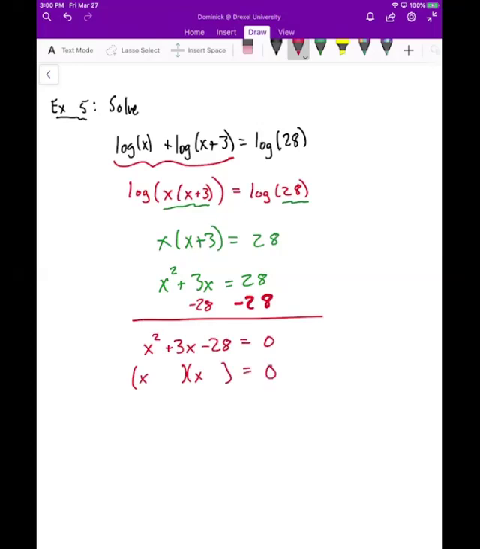So we need two numbers that multiply to negative 28, but also add to a positive 3. So those two numbers would be plus 7 and minus 4. So this tells us that x is equal to negative 7 and x is equal to 4. All right. Now, of course, we need to check these.